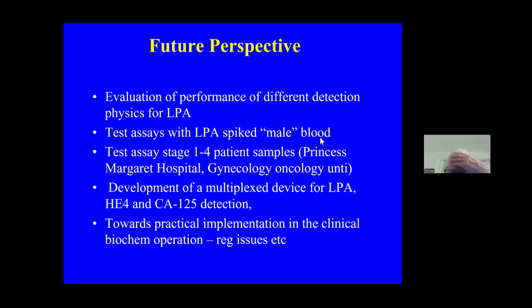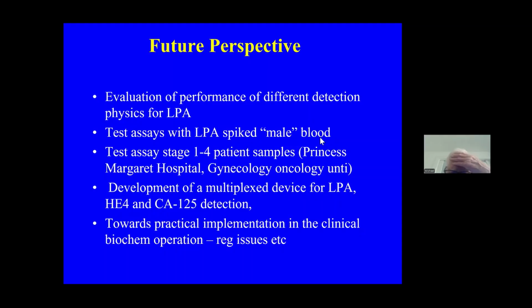As I mentioned, one of the things that we have a grant to look at now is multiplexing. It would be advisable in the future, if we're going to use biosensors for this sort of work, to look at several biomarkers at the same time on a device, which of course doesn't exist right now. That's in the imagination at this point. Nobody has done that yet.